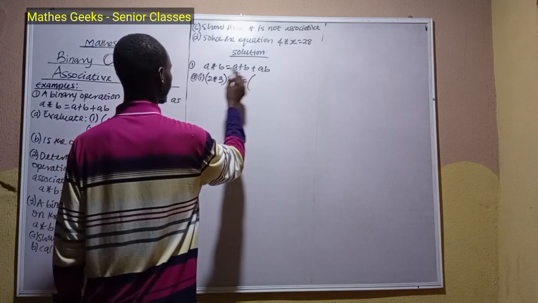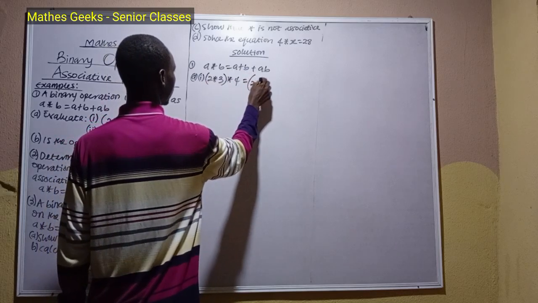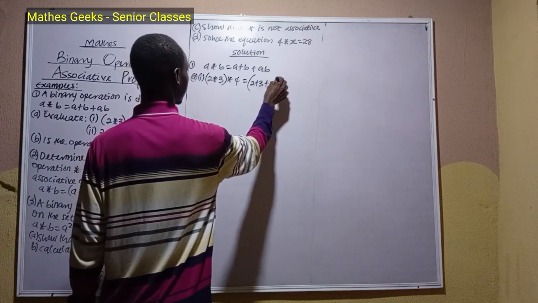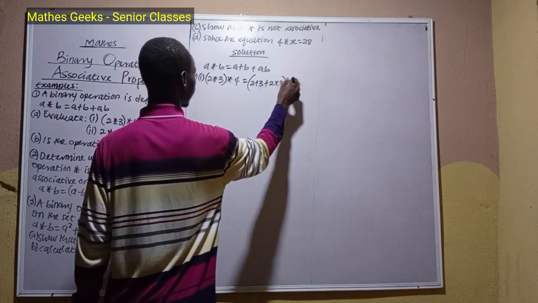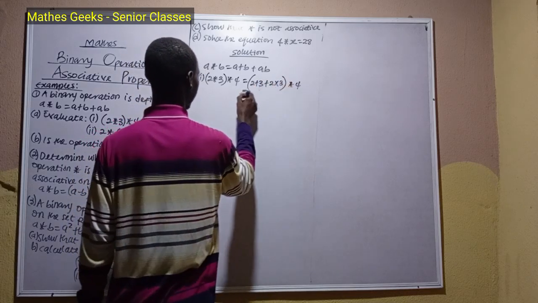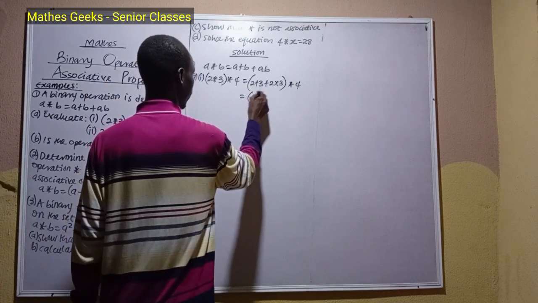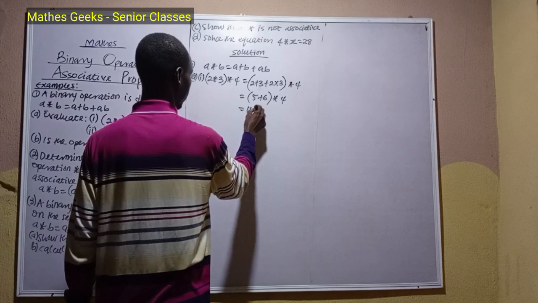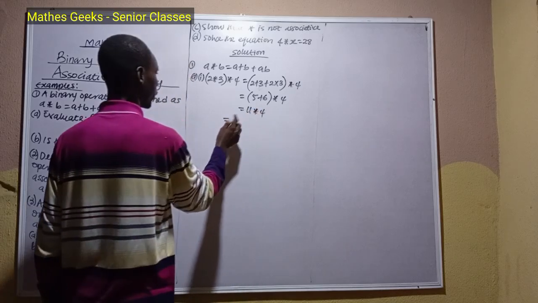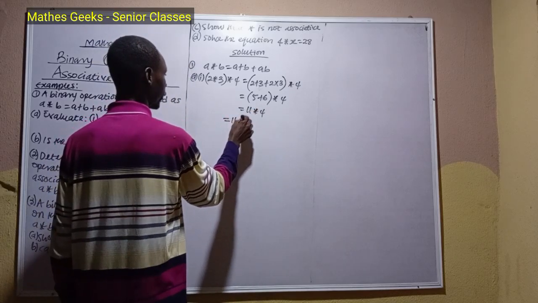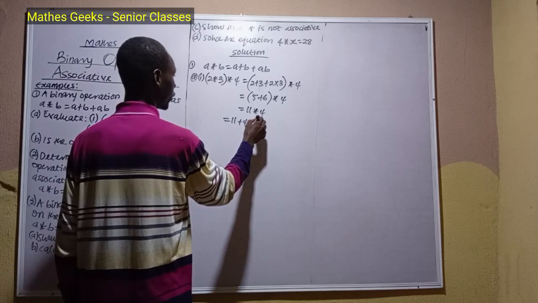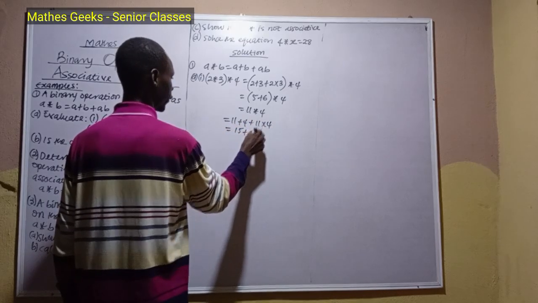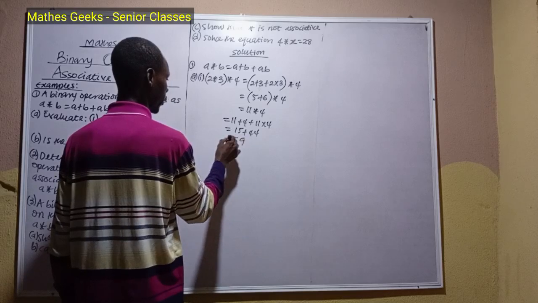This will give us 2 plus 3 plus 2 times 3, star 4. 5 plus 6 star 4. That's 11 star 4. That's equal to 11 plus 4 plus 11 times 4, 15 plus 44, which is 59.